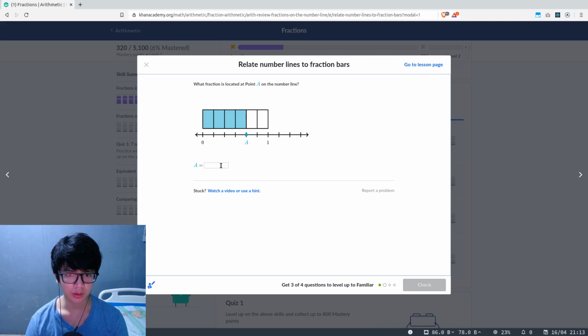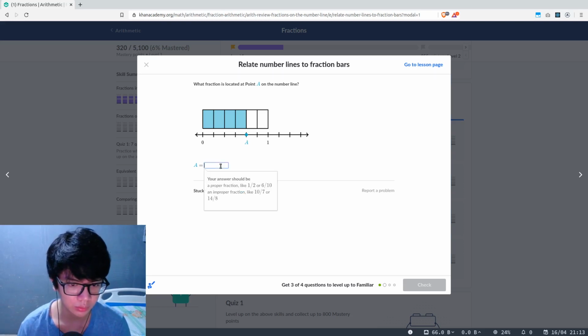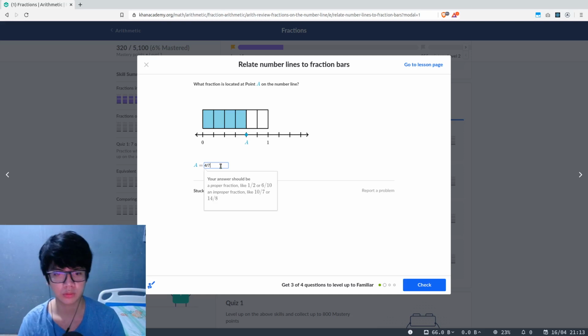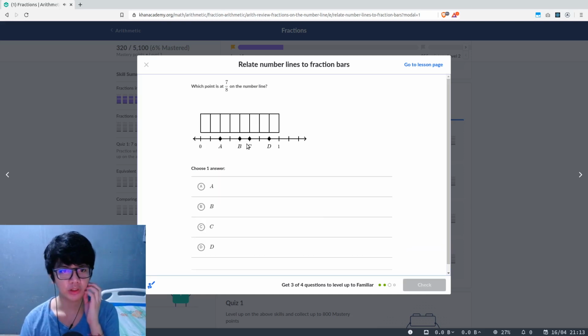Yeah, it's going to be 4/6, right? Which point is at 7/8 on the number line? Ah, it's going to be C.